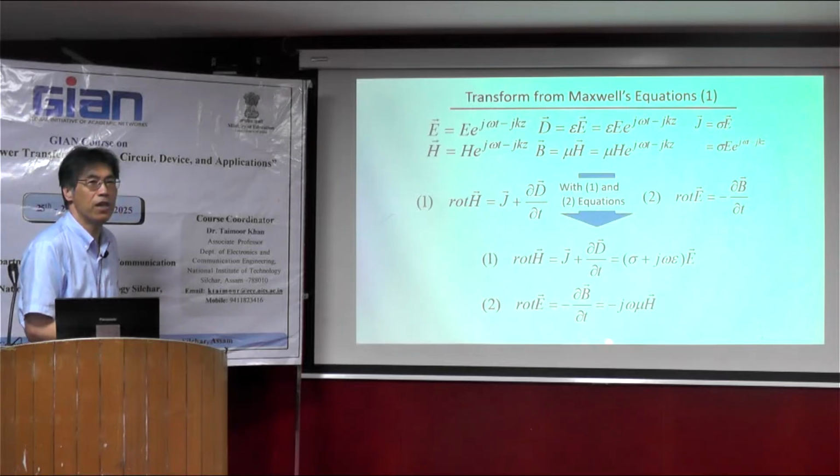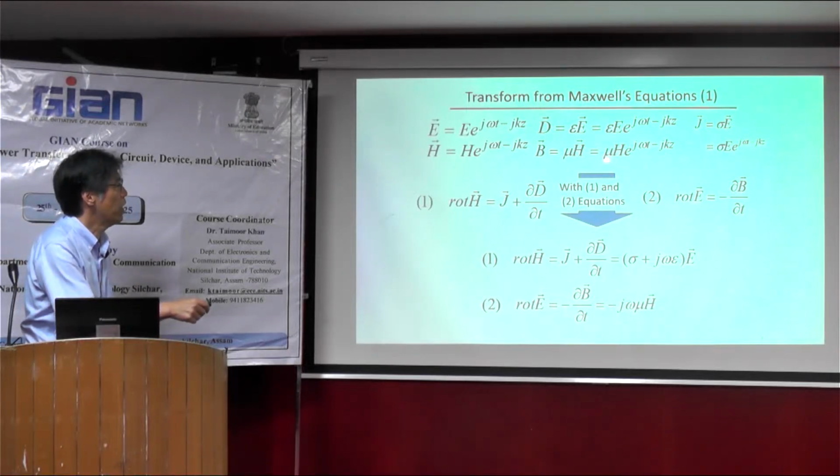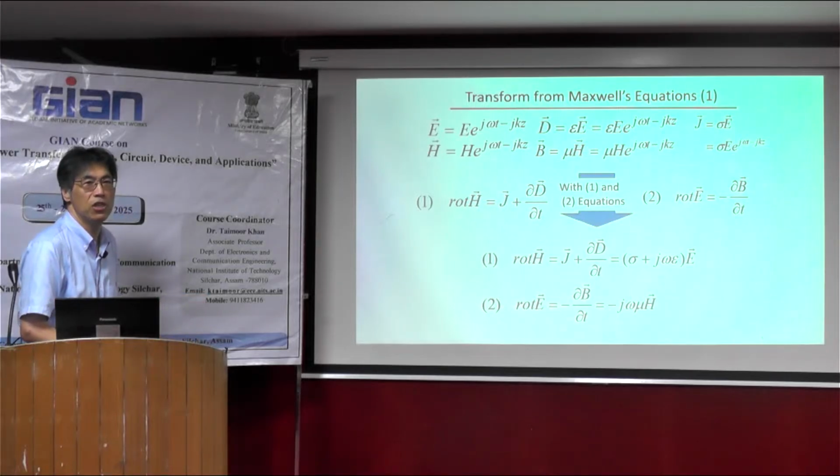The ∂B/∂t, so the B is here, and this is a term of H. So you can change this form to jω; so jμ is here, and jω is here, and it moved to here, giving jωμH. So now it's a very simple equation, except for the rotation.